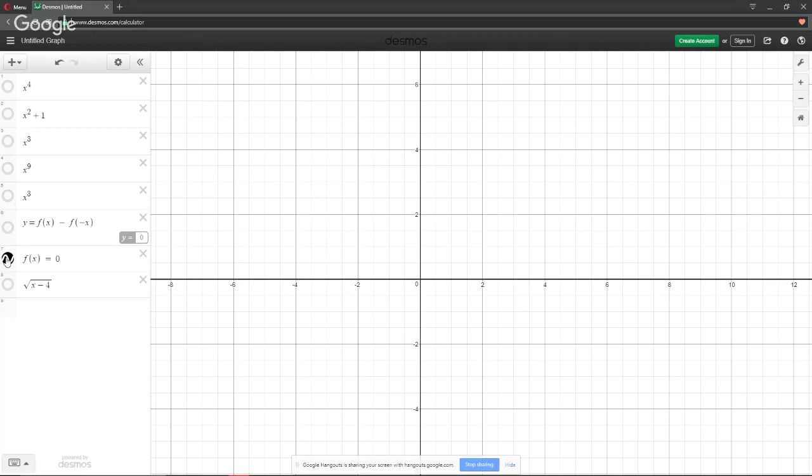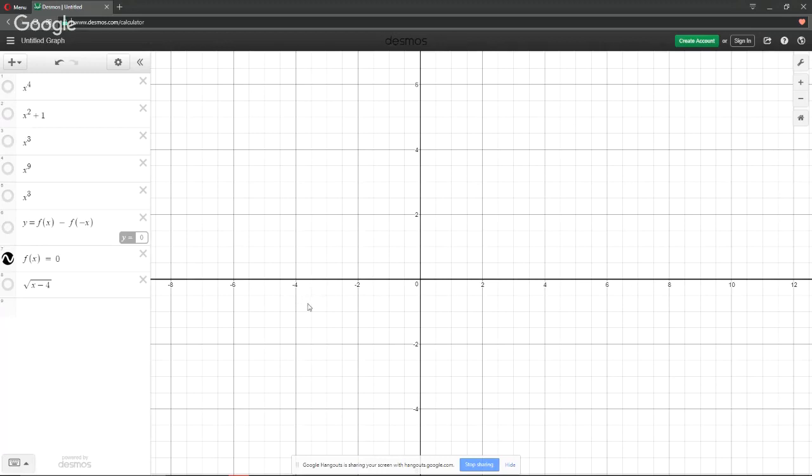Does it have symmetry with respect to the y-axis? It does. I don't think it has a choice. It's odd and even, because everything on this side is symmetrical with that side, so it has symmetry with respect to the y-axis.